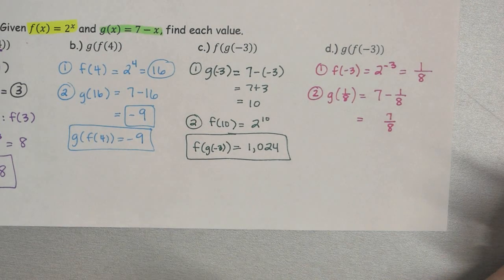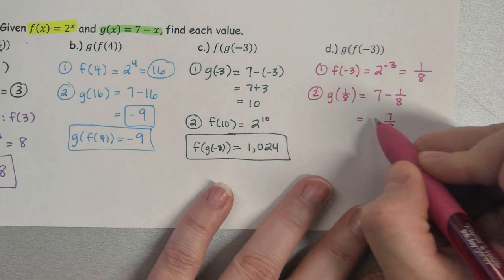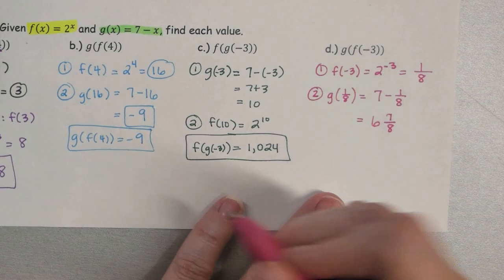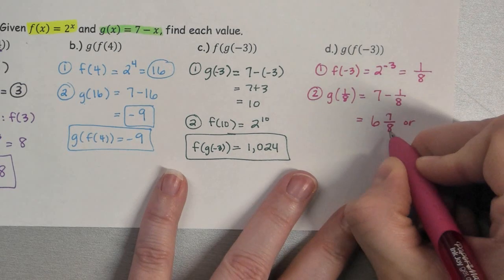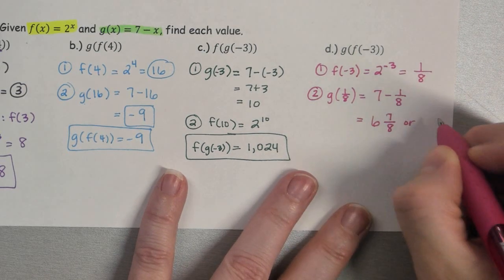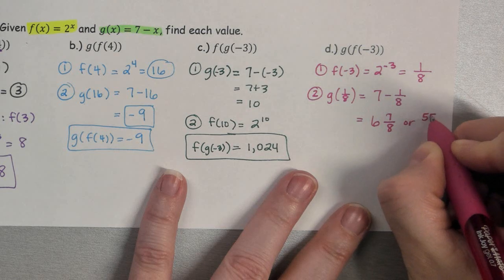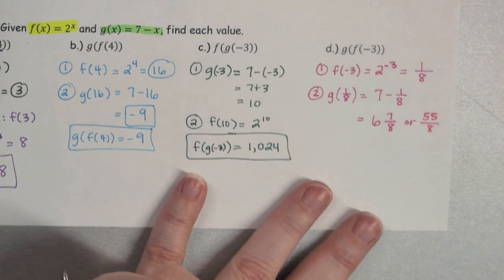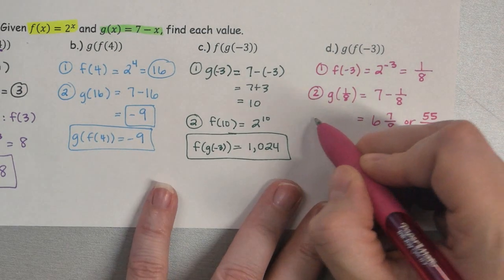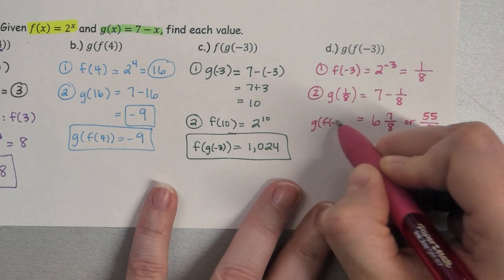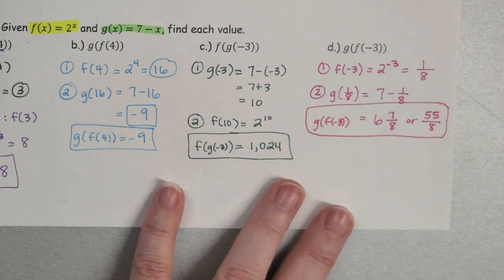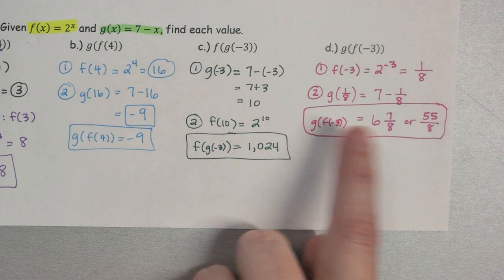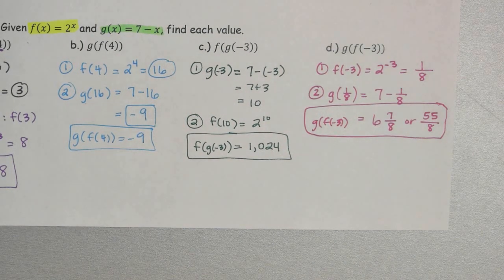And then 7 minus 1 is 6. So you can leave it like that. Or if you wanted to write it as a mixed number, 8 times 6 is 48. 48 plus 7 is 55. Okay, so either one of those are fine. But it should be one of those because you want to use a calculator for it.